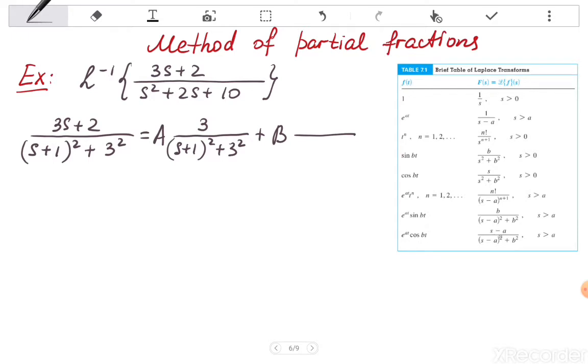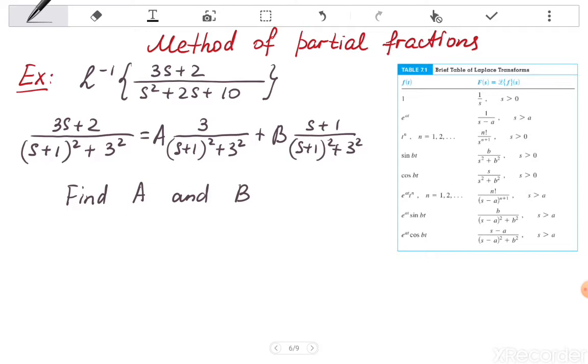So in the numerator here we have s minus a, the same as s plus 1 in our case. And we need to find the coefficients a and b to split this fraction into these two fractions. After we find a and b, we can say we have a times e to the at cosine bt plus b times e to the at sine bt.